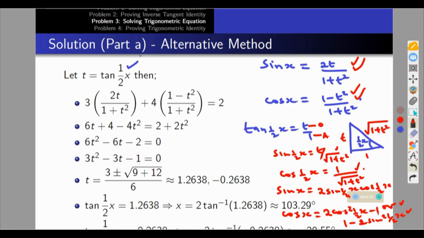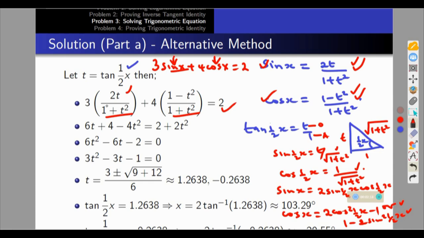So looking at the given expression, which was 3 sine of x plus 4 cos of x equal to 2, we shall substitute for sine of x and cos of x using these expressions. So for that case, we shall be able to put where sine x is by this, where cos x is by this, and this will be equal to 2.